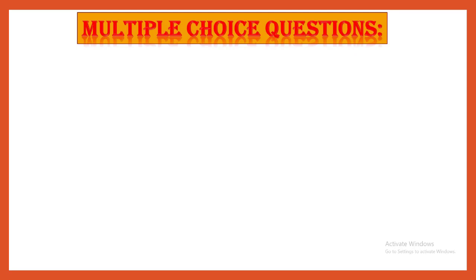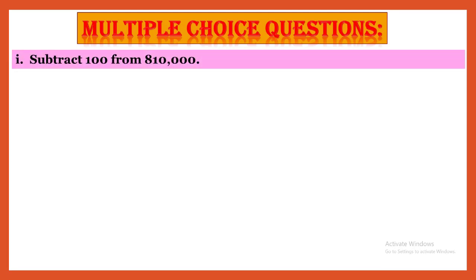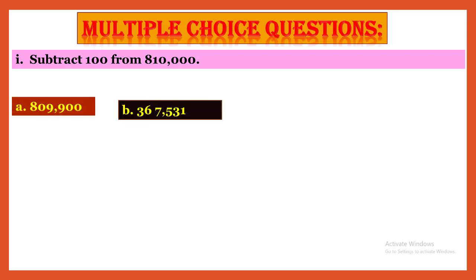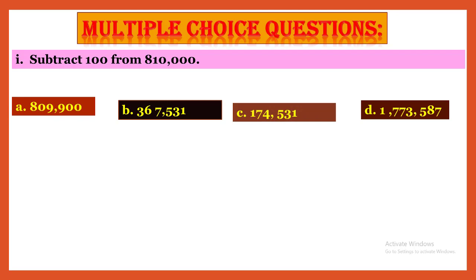It is your assessment time. I have multiple choice questions for you. First one is subtract 100 from 810,000. Take your copy and pencil and start doing your sums. These are your options.